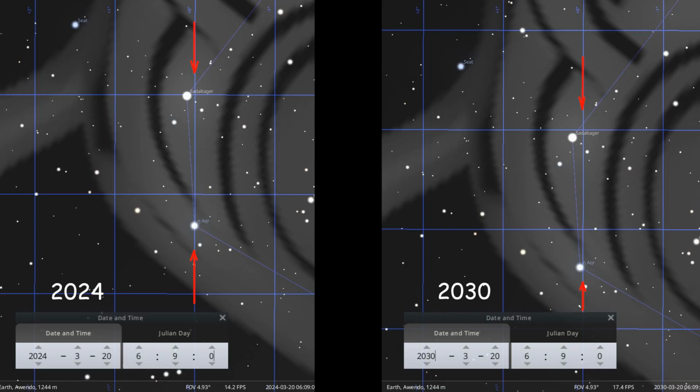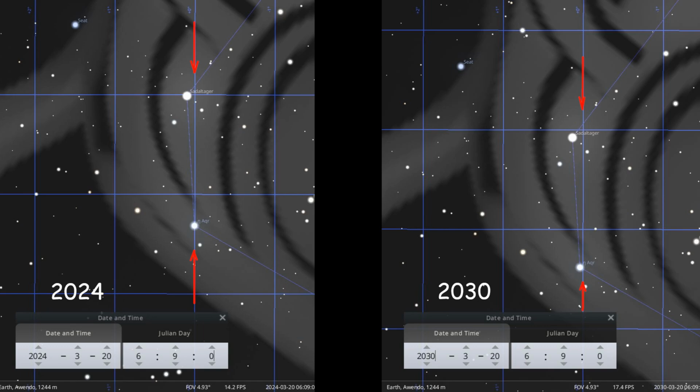And this is a close-up of those first stars of Aquarius to cross the line of due east. On the left is showing right now in 2024, and on the right is the year 2030, when we can really see that both of those first stars of Aquarius have crossed the line of rising in the east by 2030.